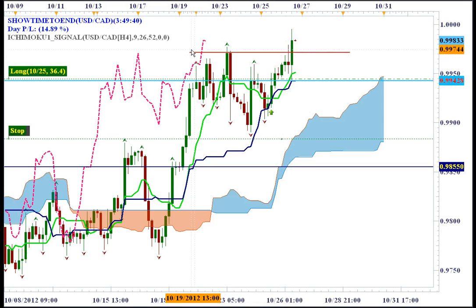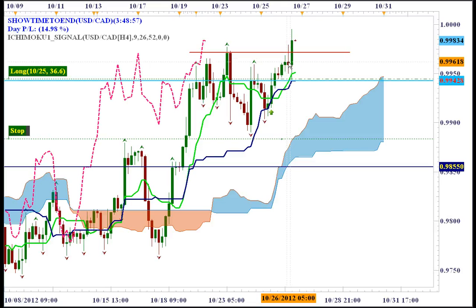Now I put this red line here because when price was down here, this made a fractal level, or a swing high. When it made that swing high fractal level, it became a resistance level, being that price was below it.